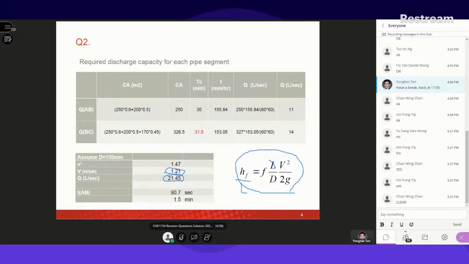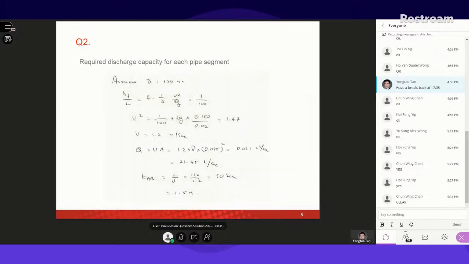So here is how to get the concentration time for the pipe BC. This is the calculation. We use the Darcy-Weisbach equation, and we move the L to the left side, so this is the slope.